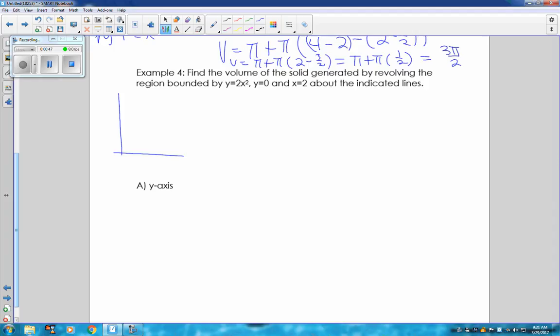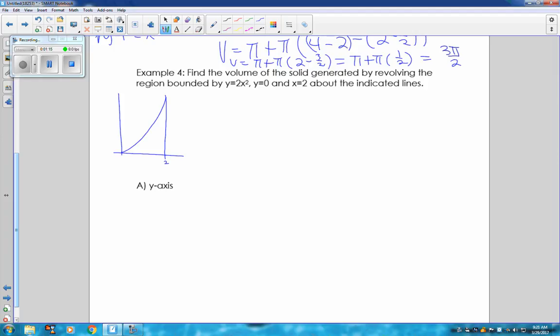Okay, so your parabola has a vertex at the origin, so there's my parabola. Okay, x equals 2, I'm going to draw that here.